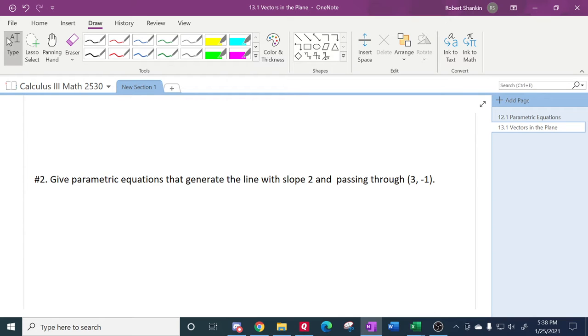So if this was in Cartesian, let's say give the Cartesian equation, with all this, we'd know how to do this.